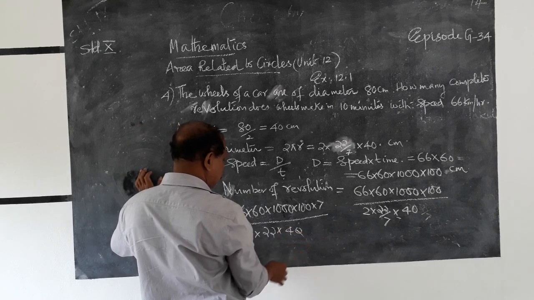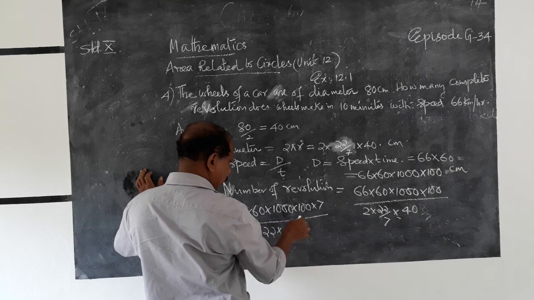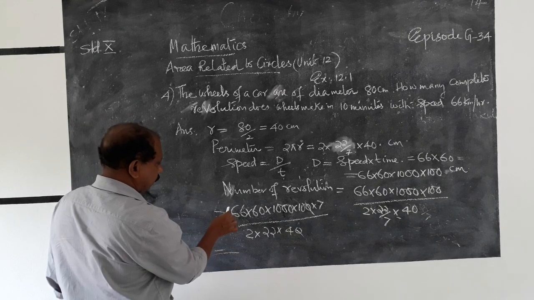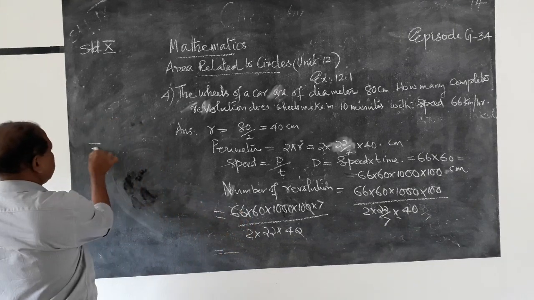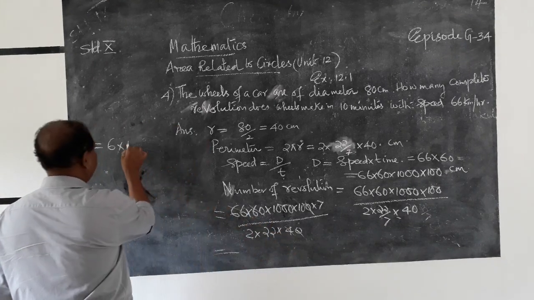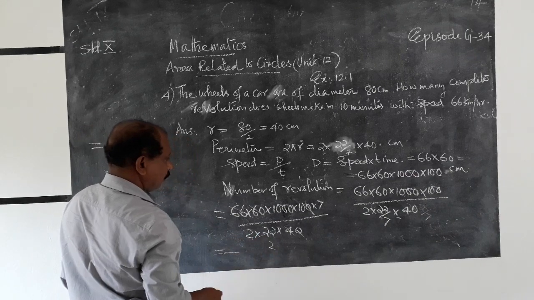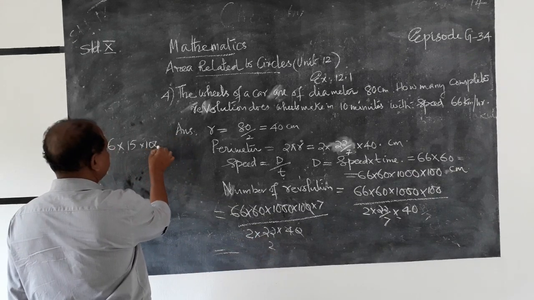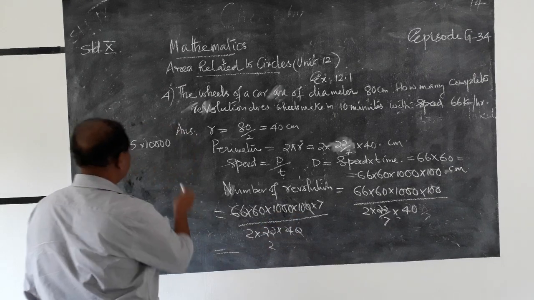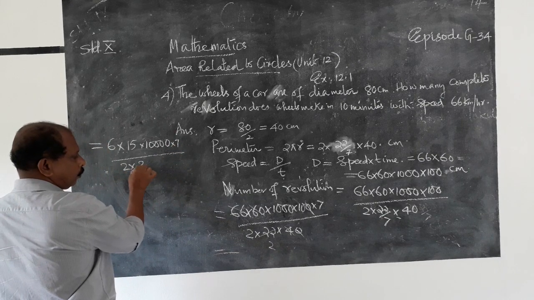Then cancel: 66 by 11 is 6. 60 and 40 give 15 into 10000, 4 zeros, 3 plus 1, into 7 divided by 2 into 2.